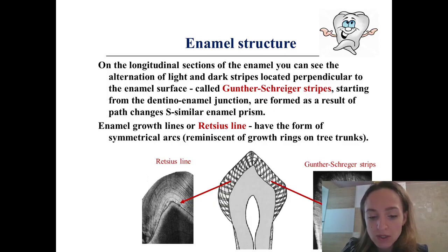Enamel rod diameter near the dentinal borders is about 4 microns and about 8 microns near the surface. This diameter difference accommodates the larger outer surface of the enamel crown compared with the dentinal surface at the dentin enamel junction. Okay, next one.